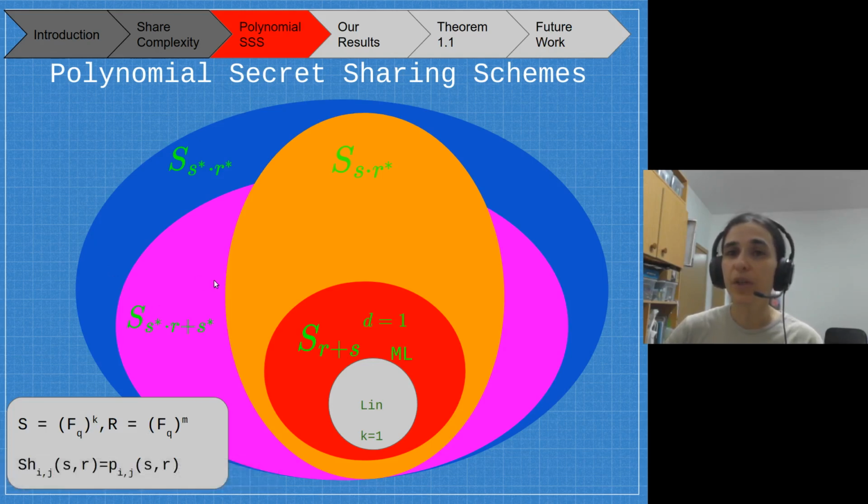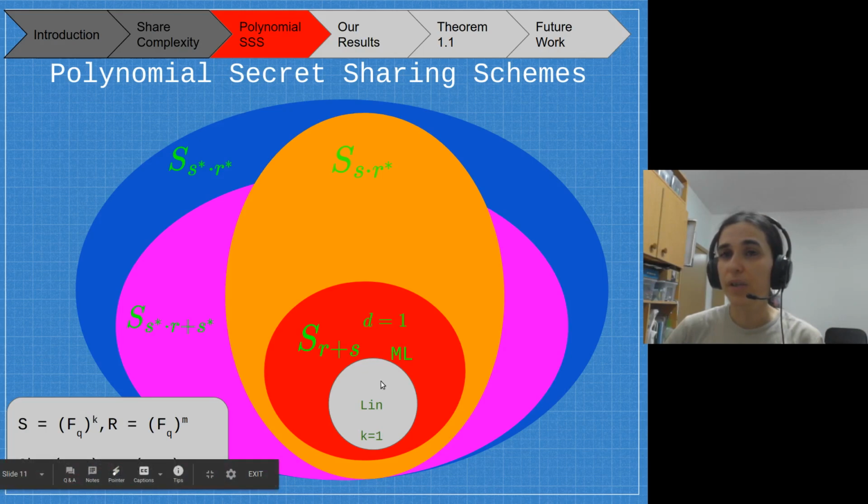And every share consists of one or more multilinear polynomials in the S_i's and the R_i's. So for instance, the multilinear schemes, which we abbreviate as ML, are captured by degree 1 here. And in the linear schemes, we additionally restrict k to be 1.